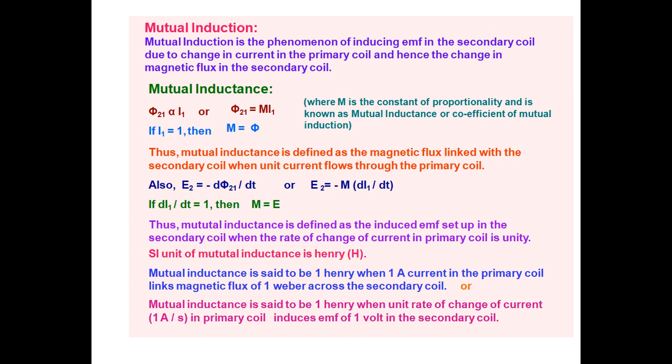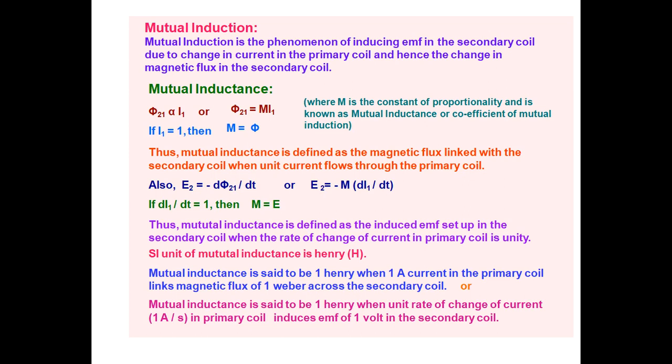So E2 is equal to minus d phi 2 1 by dt, or it is also E2 is equal to minus M dI1 by dt.